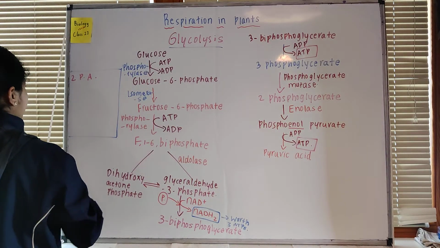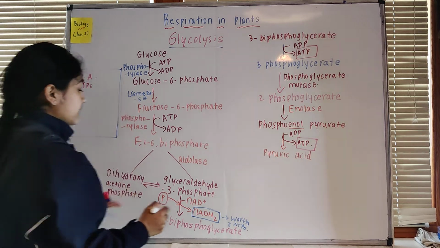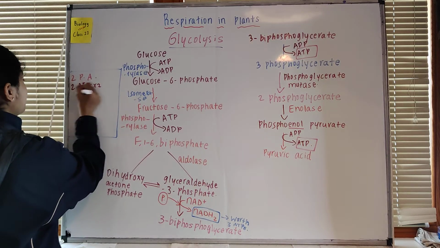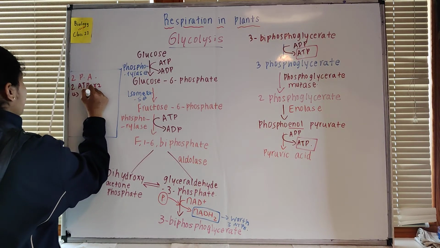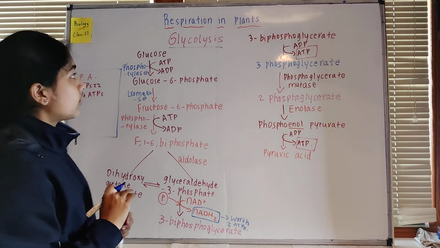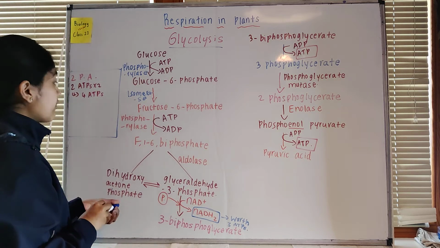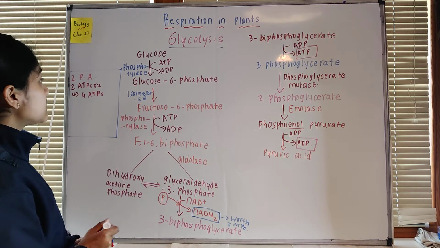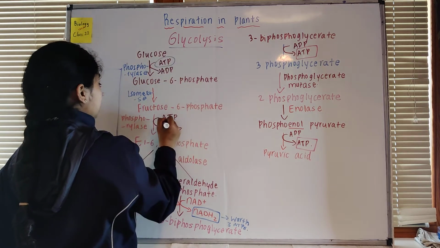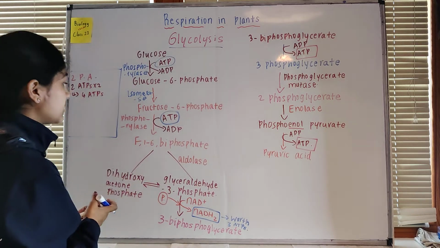Now this is happening 2 times, so we'll write times 2, and that is 4 ATPs. So 4 ATPs are synthesized in the whole process of glycolysis. Now, in this process, there are 2 ATPs which are getting invested, this ATP and this ATP.